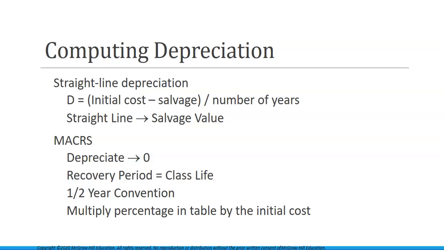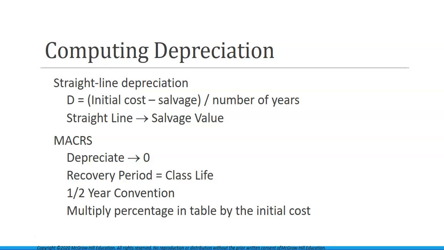So we might have 5-year equipment or 7-year equipment. We use a half-year convention, so it depends on whether we've purchased the equipment before January 1st or after January 1st. And we multiply the percentage in a table by the initial cost of the equipment.